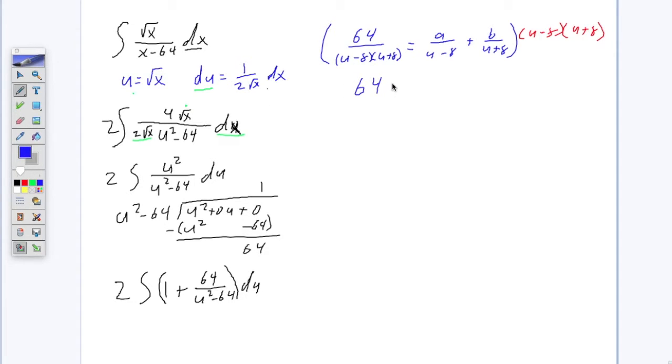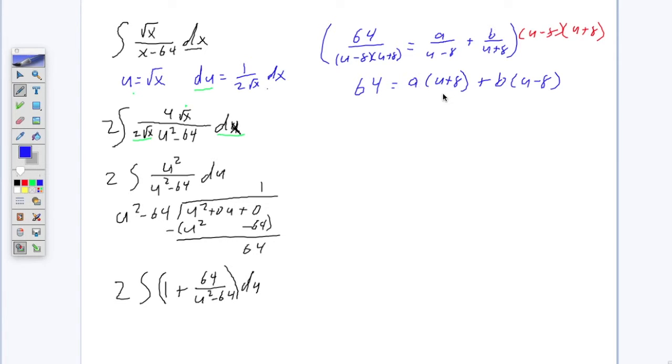This side just becomes 64. This is A times u plus 8 plus B times u minus 8. The u plus 8's canceled, so it leaves u minus 8. The u minus 8's canceled, so it becomes u plus 8.